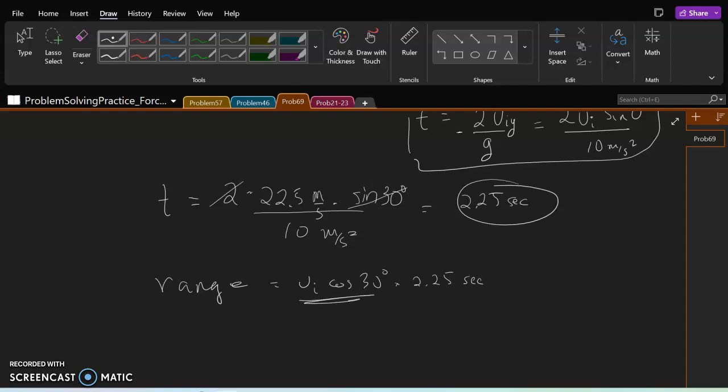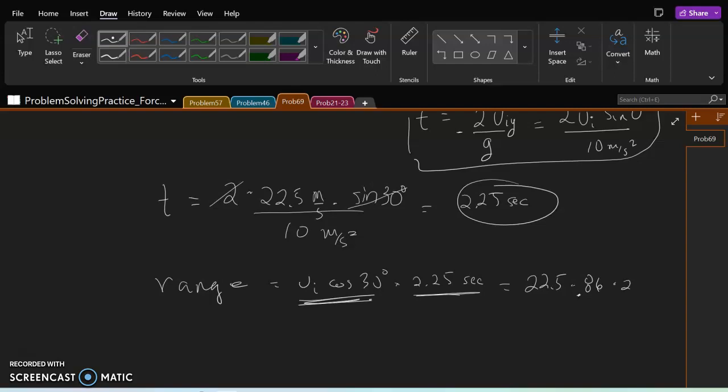This is the speed in the horizontal direction times the time it's in the air. The cosine of 30 degrees is √3/2, which is about 0.86. I may have that wrong, but I think it's about 0.86.